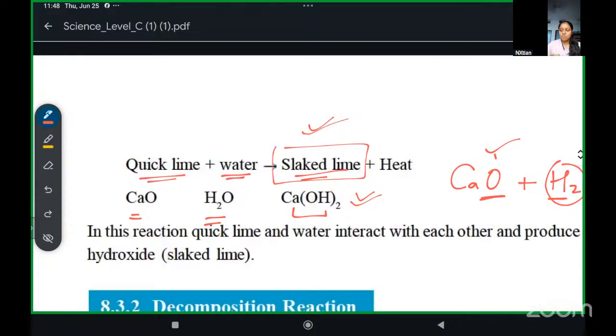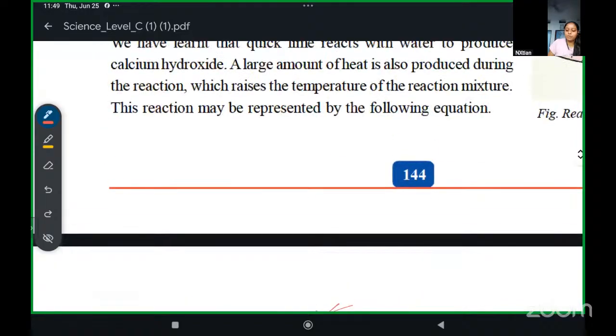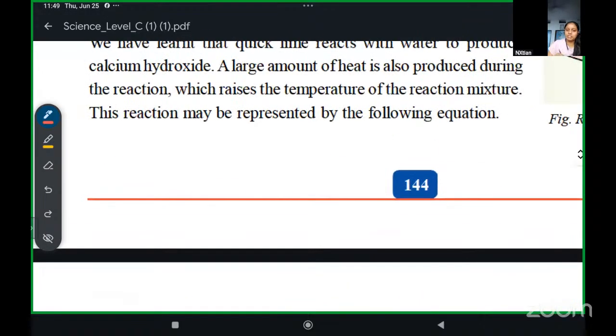One more thing I explained during chemical changes is how you identify a chemical reaction. There are some things that are produced alongside or as a result of a chemical reaction.